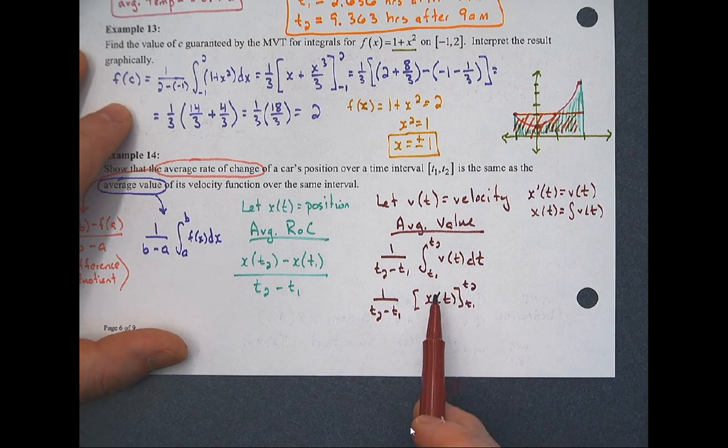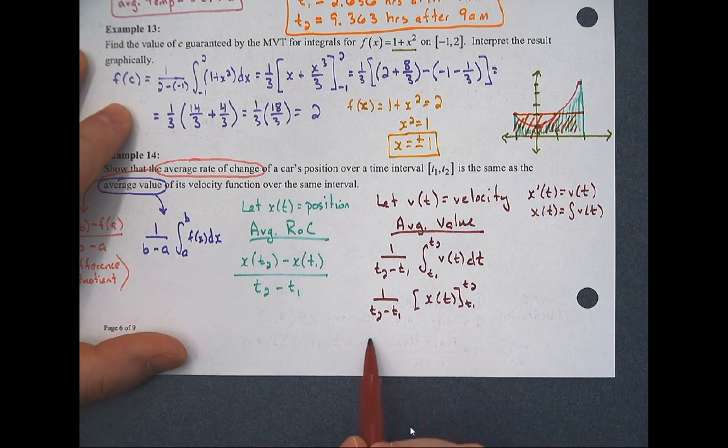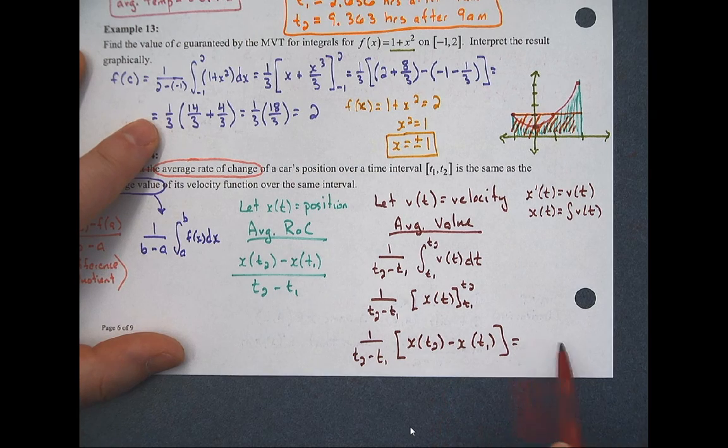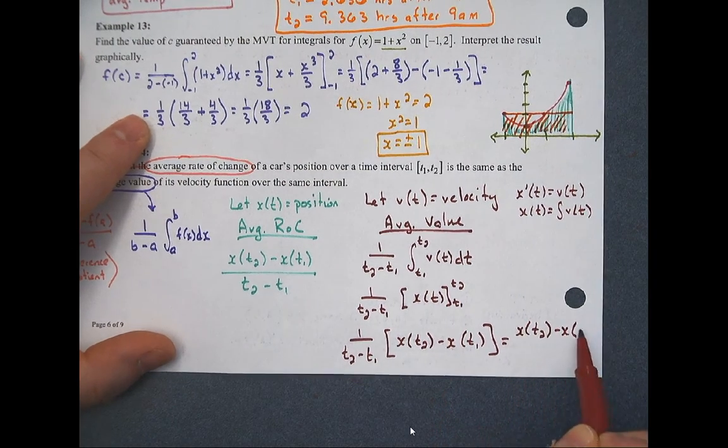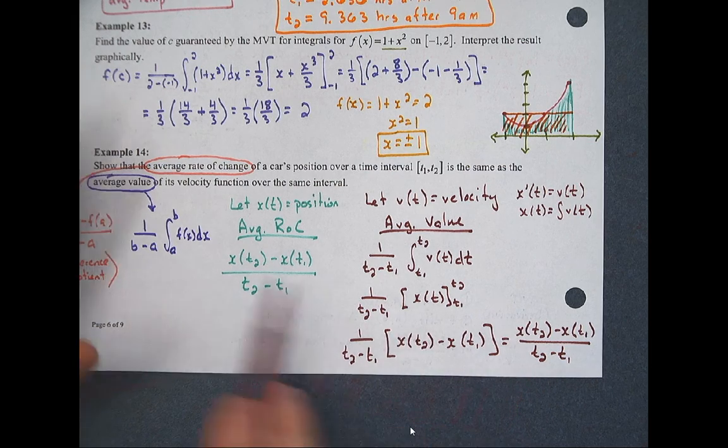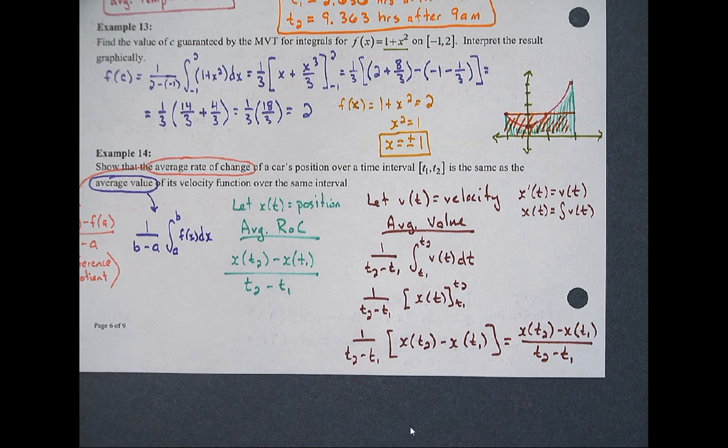Fundamental theorem of calculus means we can then plug those two things in. 1 over t2 minus t1 multiplied by x of t2 minus x of t1, which if I cleaned it up would be x of t2 minus x of t1 all over t2 minus t1, which, OMG, amazing. So that shows they're the same thing.